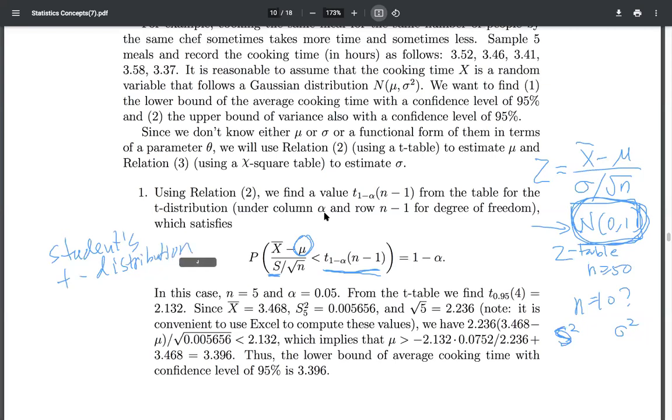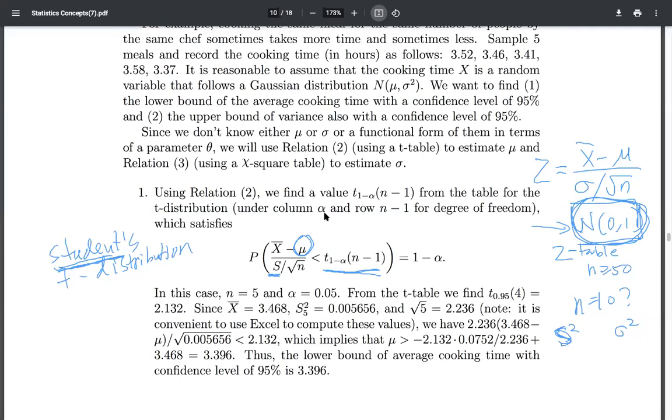And this n here is called the degree of freedom. Oh, by the way, Student is somebody's last name, right? So you are using different tables.